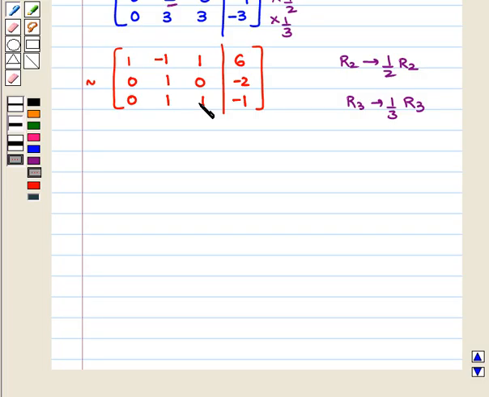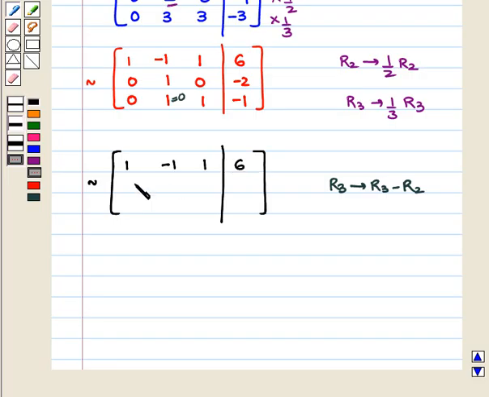Now we have to make 0 below the leading entry of row 2. For this we subtract row 2 from row 3. The matrix now becomes 1, -1, 1, 6 in the first row, 0, 1, 0, -2 in the second row and 0, 0, 1, 1 in the third row. This matrix is now in echelon form.